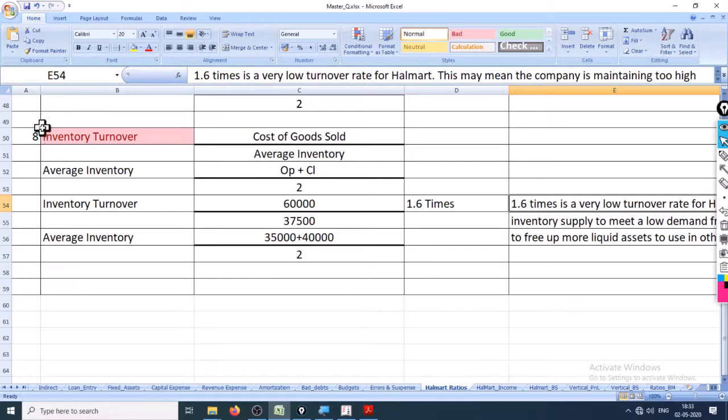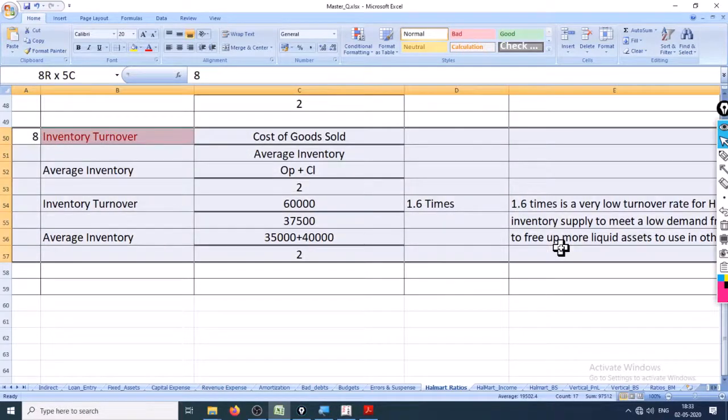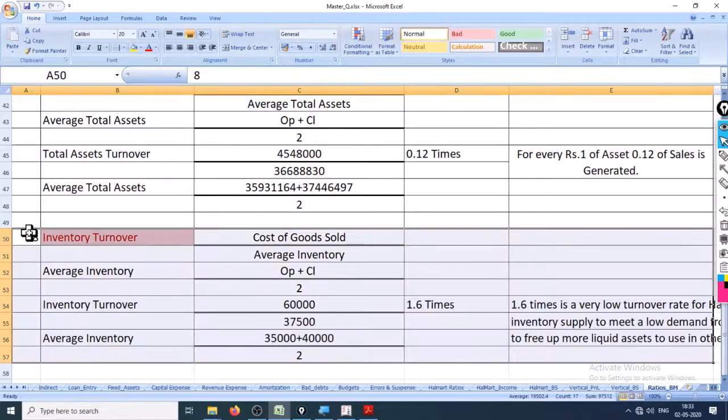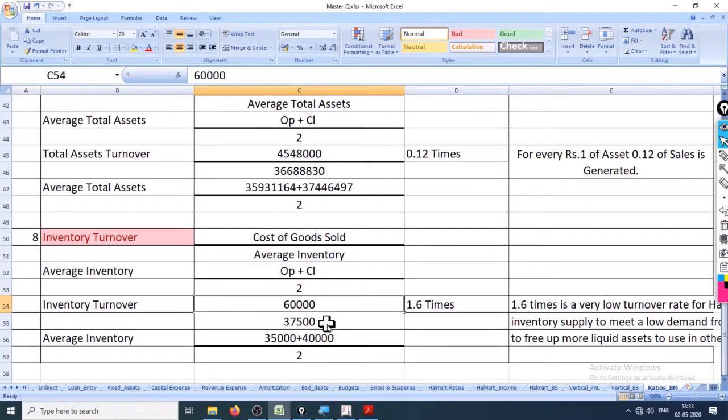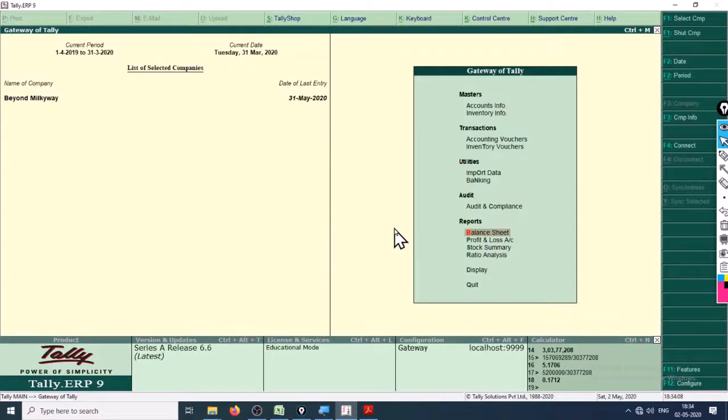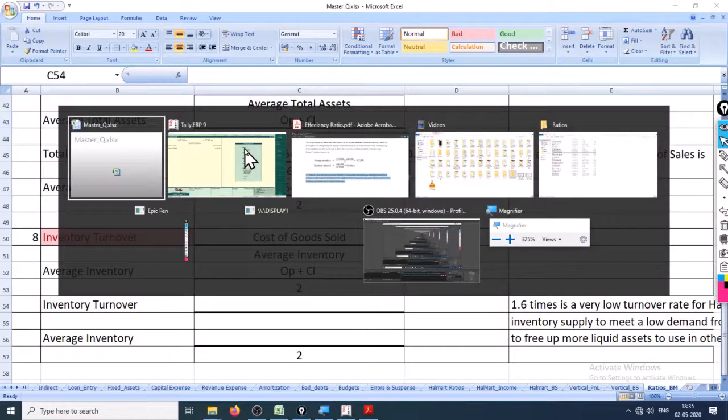Now I wonder what will happen for our own company. What is the cost of goods sold in our company? Let's go to Tally and find it out. Let's open the profit and loss account.